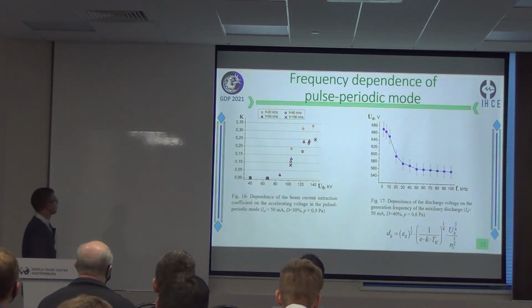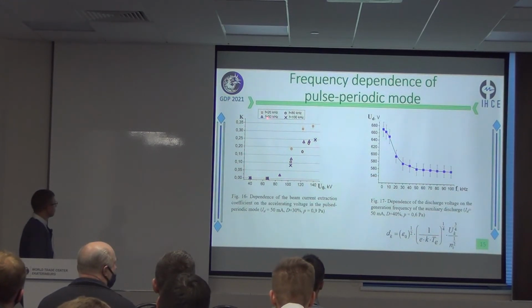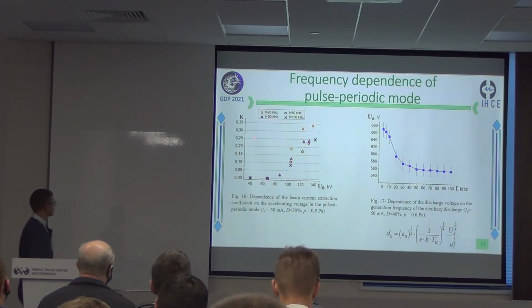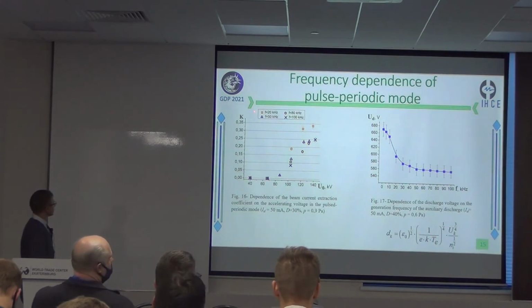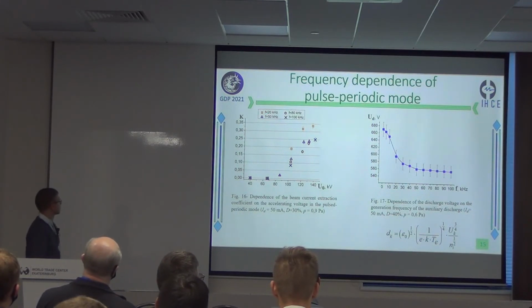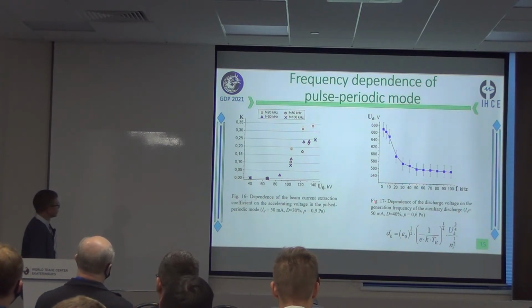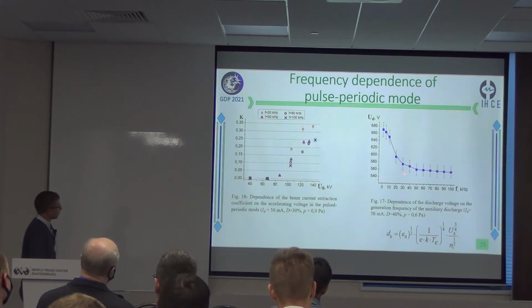Then we measured the frequency dependence of the pulse periodic mode, and we saw that at a frequency of 50 kHz and more, the extraction coefficient is up to 0.25, but at a lower frequency, about 20 kHz, the extraction coefficient is raised. In figure 17, you can see that at frequencies up to 30 kHz, discharge voltage is high.